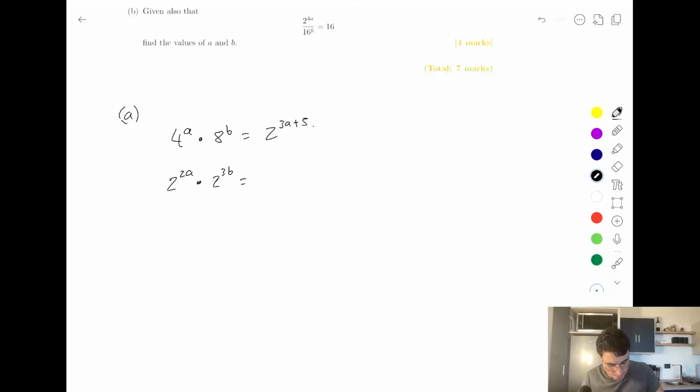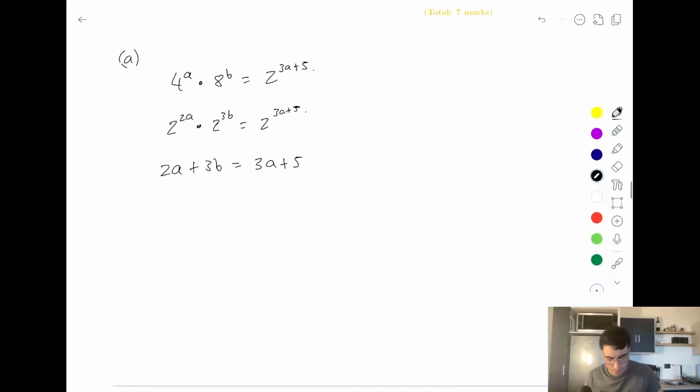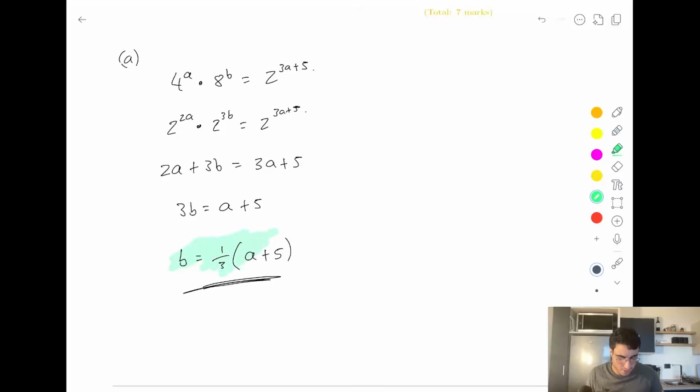So now we have the bases all the same, and when we've got all the bases the same, we can drop the base. Okay, which means that 2a plus 3b is equal to 3a plus 5, which means that 3b is equal to a plus 5, which means that b is equal to a third a plus 5. Okay, and that's going to be the final answer there.